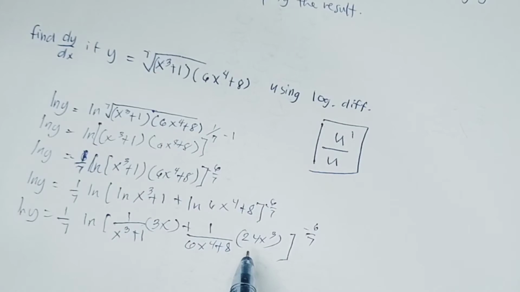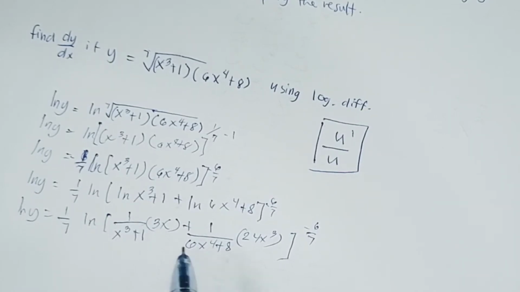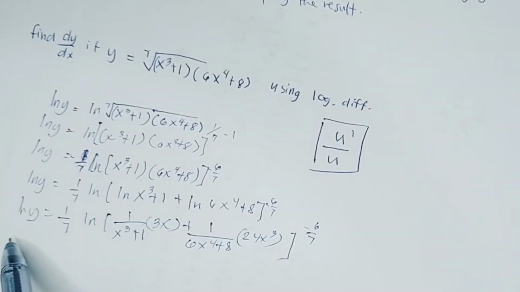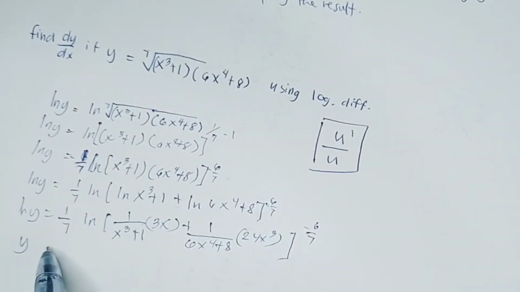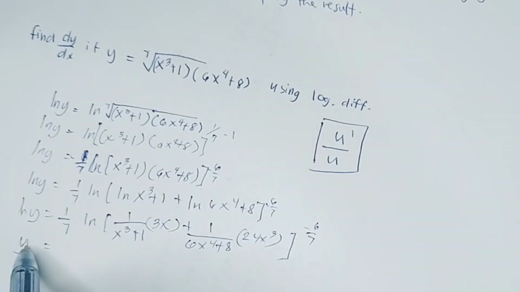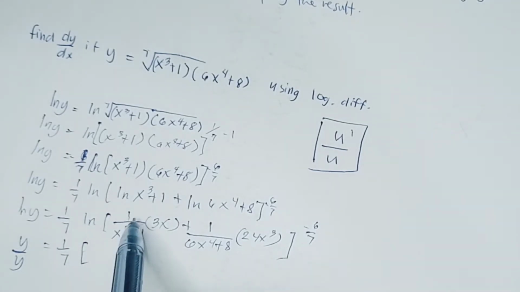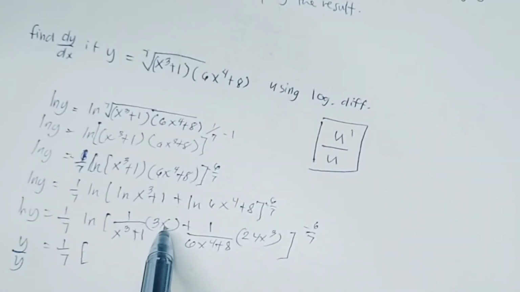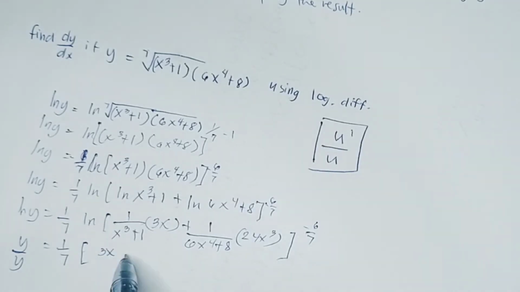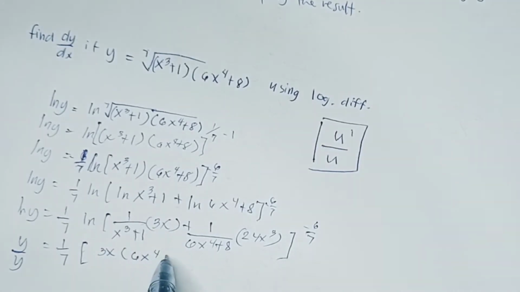Now, since we already finished step 1, let's proceed to step 2, in which we will differentiate both sides to reduce the right side to a single fraction. y prime over y is equal to 1 over 7 times 3x squared over x cubed plus 1, plus 24x raised to 3 over 6x raised to 4 plus 8.